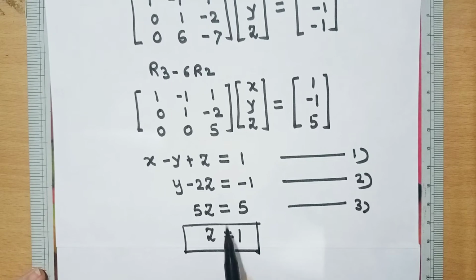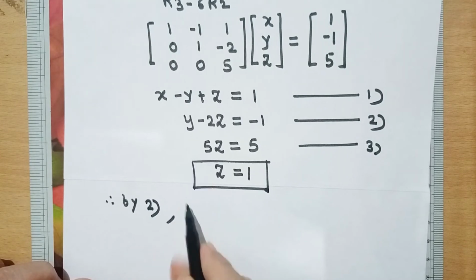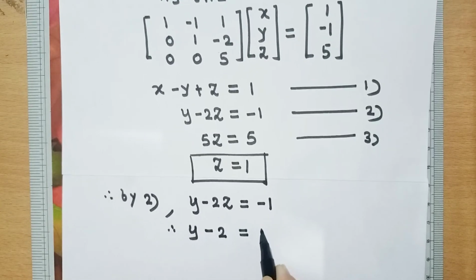Now substitute this z into equation 2, therefore we have y minus 2 is equal to minus 1, minus 2 will become plus, and therefore y is equal to 1.